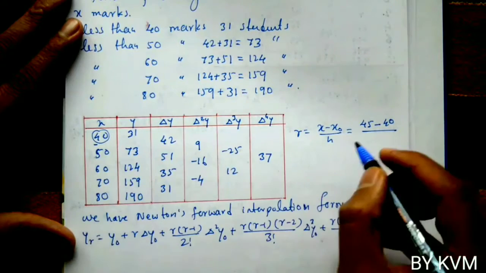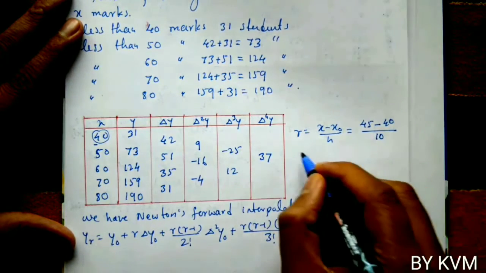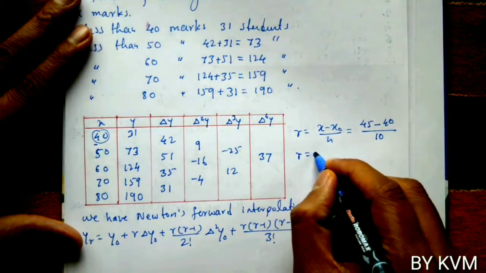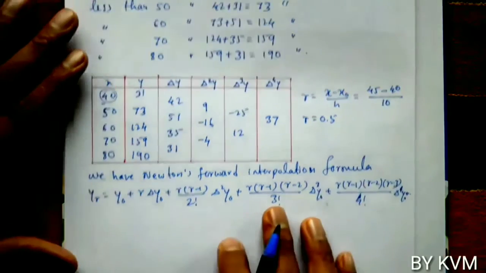The difference is 10. So 45 minus 40 is 5, 5 by 10 is 0.5.